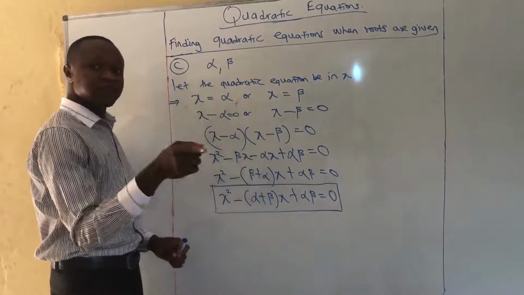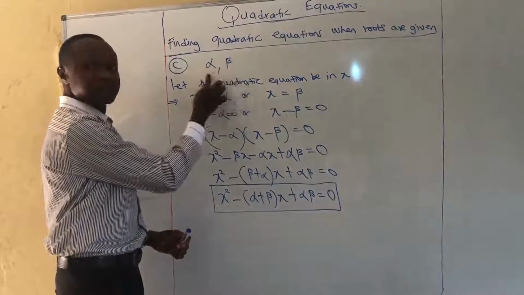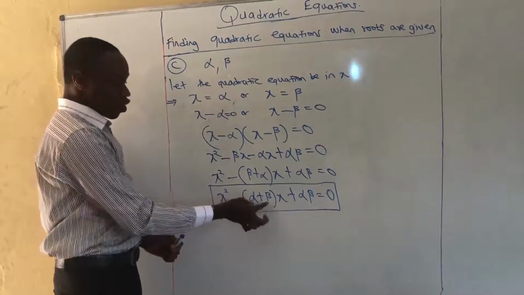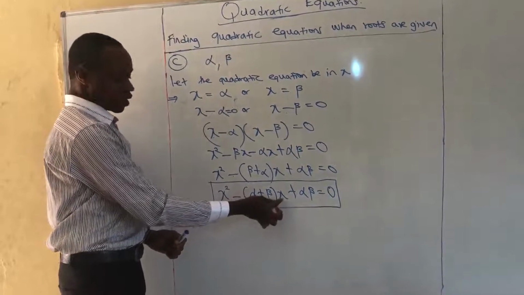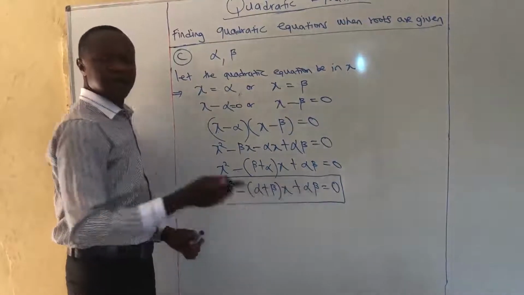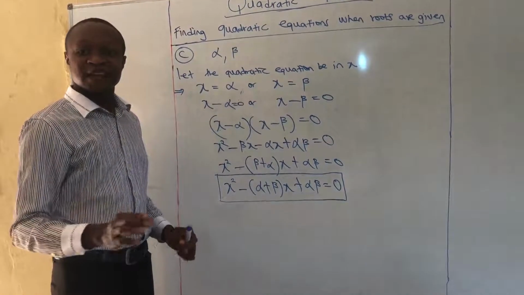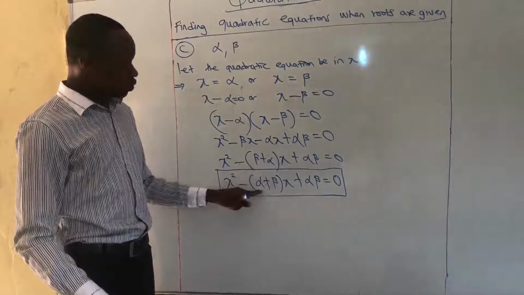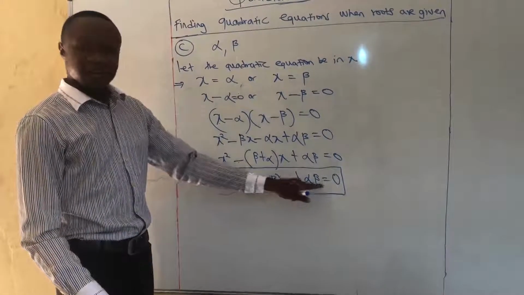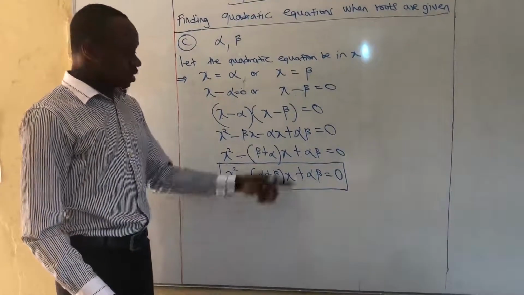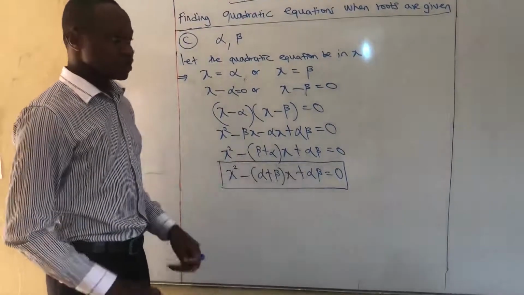So the quadratic equation having them as roots will be X squared, negative of the sum of the roots with X, plus the product of the roots. Alpha and beta are the roots. All we need to do is to add the two numbers, multiply them, their sum with X, and their product is joined equal to 0.